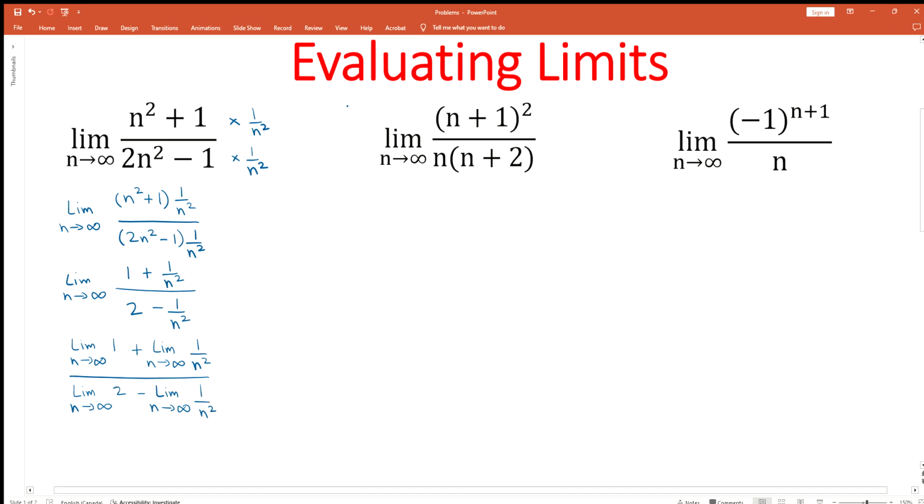In the numerator, 1 is a constant, so the limit value is 1.